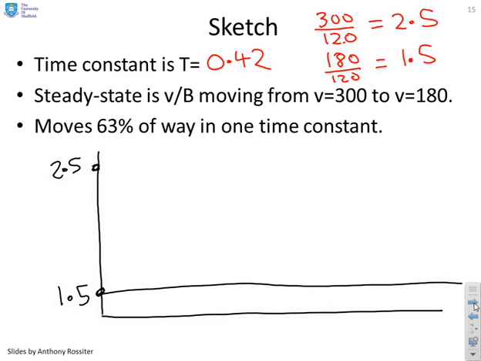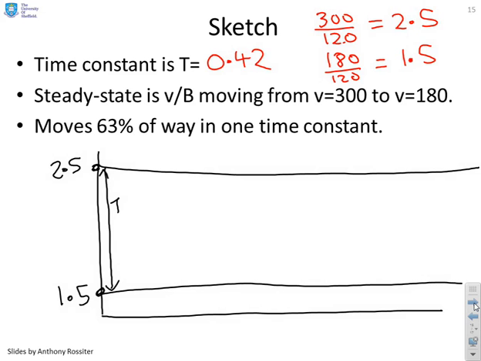Now these numbers are actually quite nice because you'll notice the actual total movement is just 1. And we're going to say we move 63% of the way in one time constant. Well, 63% of 1 is very easy to work out. It's 0.63. So I can now mark 1 time constant, 2 time constants, 3 time constants.